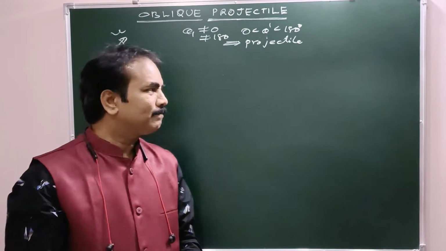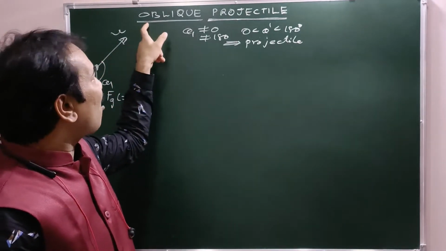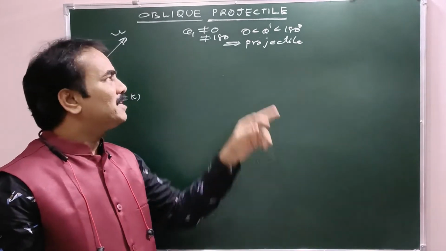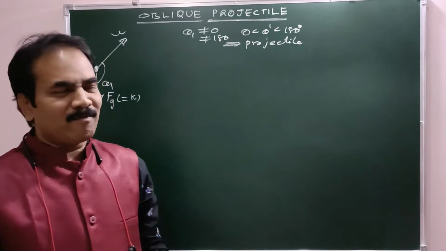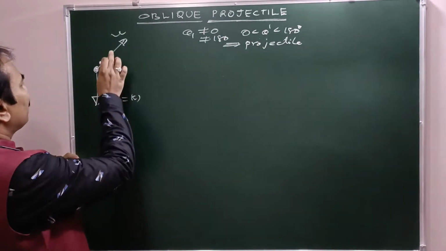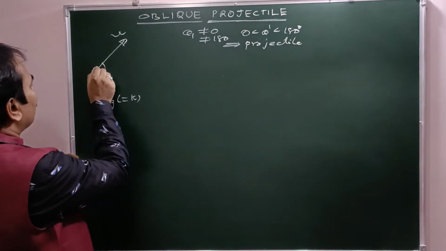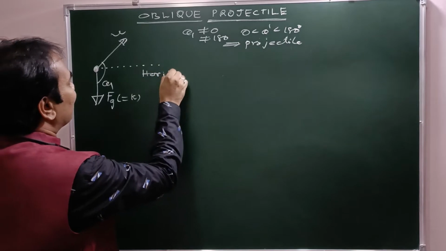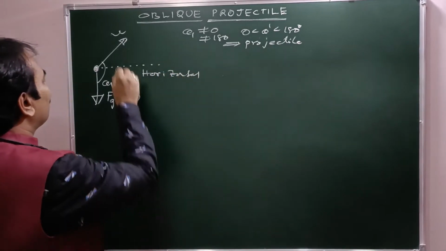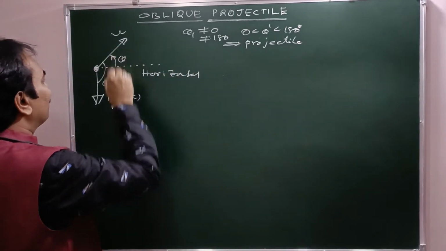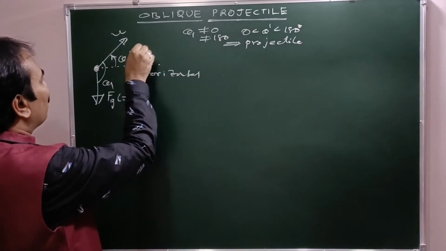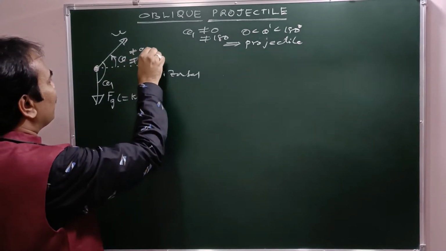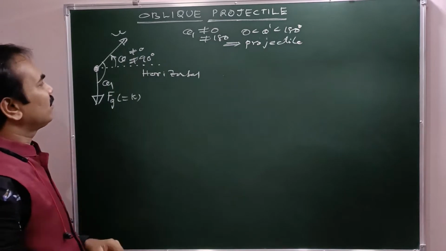You know very well. But here what is the case? Oblique projectile. When do we say that a projectile becomes an oblique projectile? Here the initial velocity should make some angle with the horizontal. See, this is the horizontal. What is that angle here? Theta. That theta is not equal to 0, not equal to 90, but lies between 0 and 90.